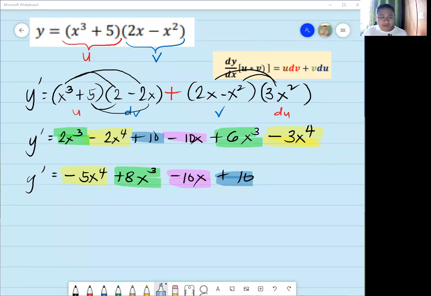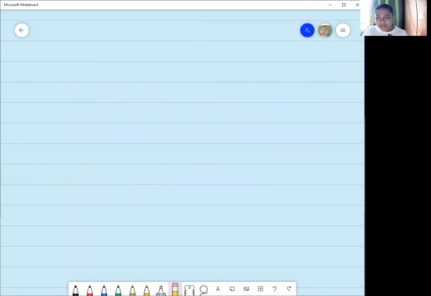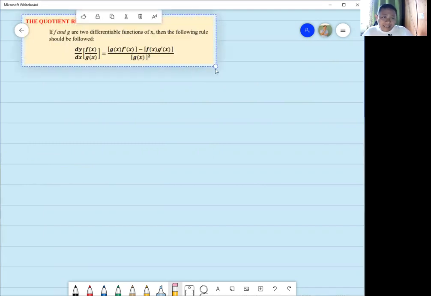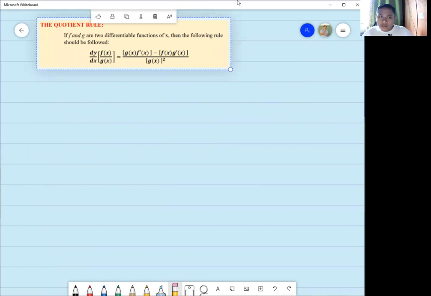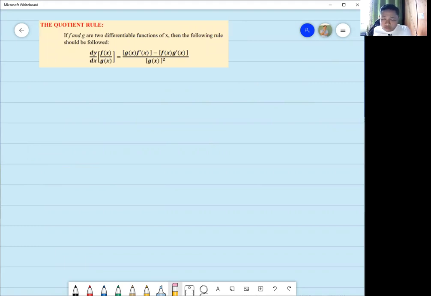And now we are down to our last rule for this week. And that is the product. No, not the product. The quotient rule. So in the quotient rule, if in the product rule, we are adding, what do you think is the process in the quotient rule? What do you think is the product or the operation in the quotient rule?